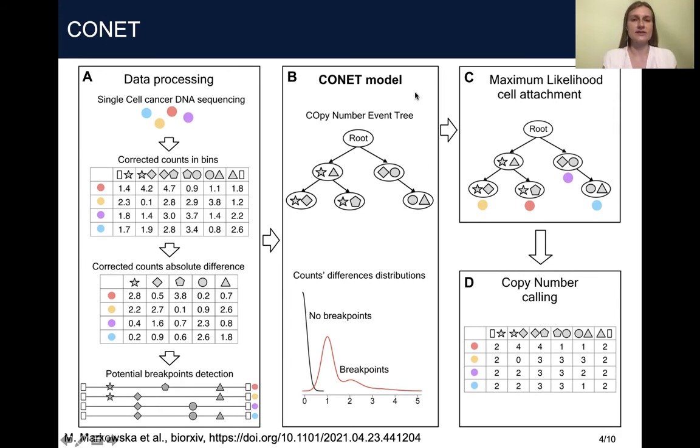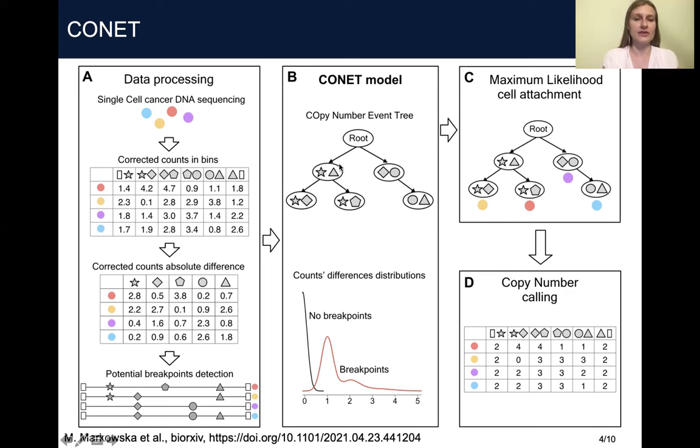Okay, so let's start our modeling. First, we need to construct a copy number event tree. This tree always has a healthy cell as a root, and then each node means 1 copy number event. And the copy number events are denoted as a start breakpoint and an end breakpoint.